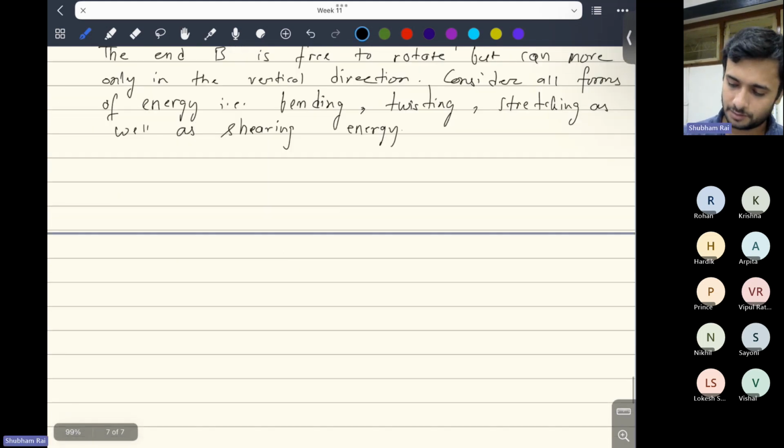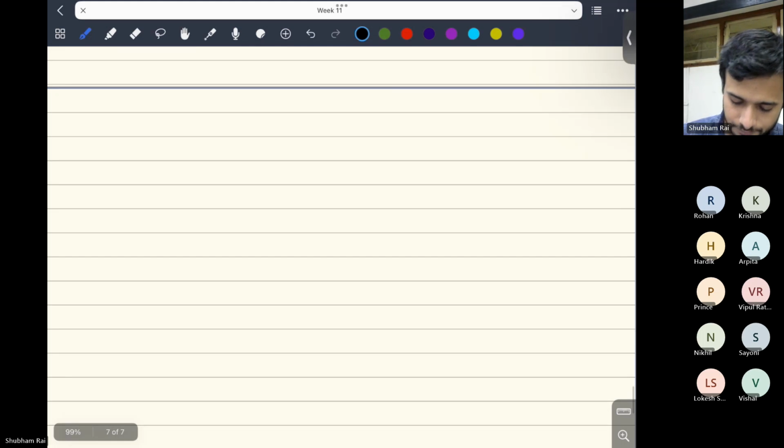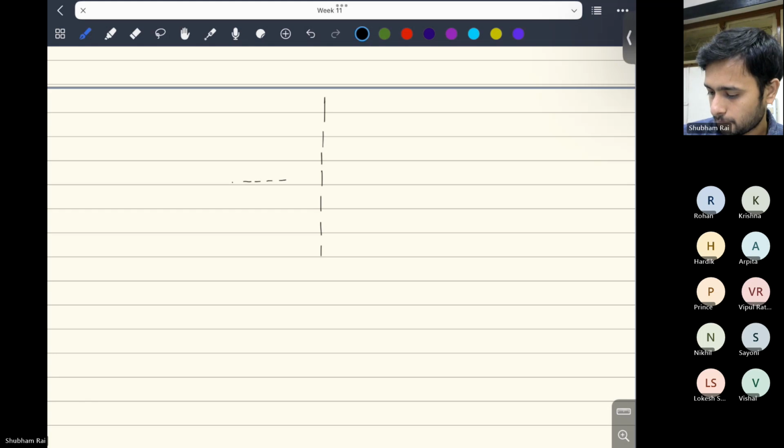So let me draw the diagram. The diagram looks something like this. Draw a circle.